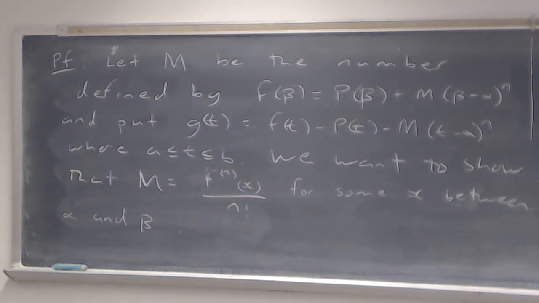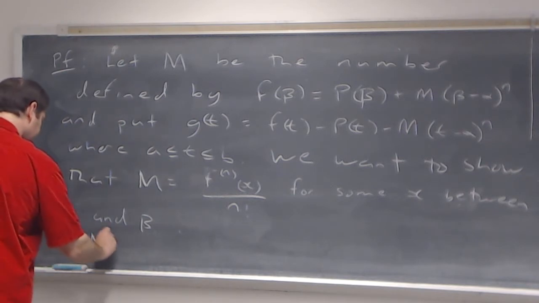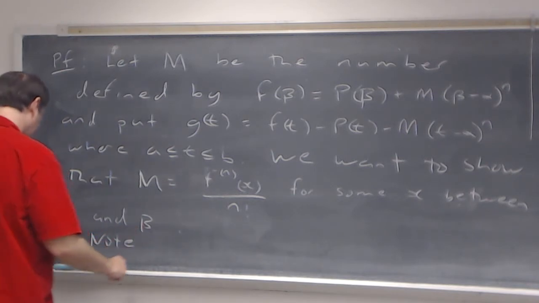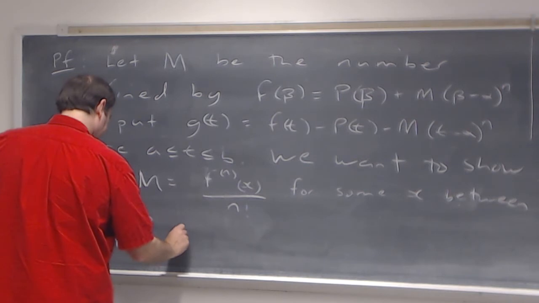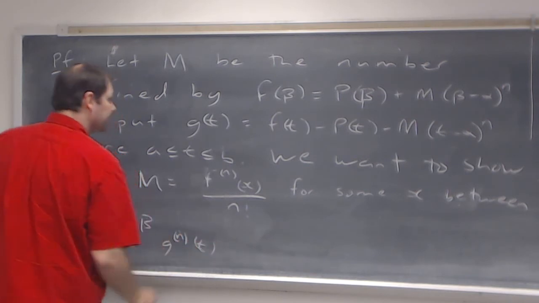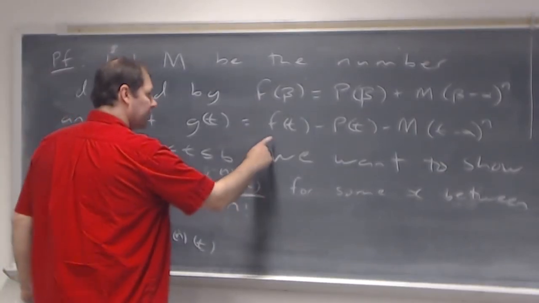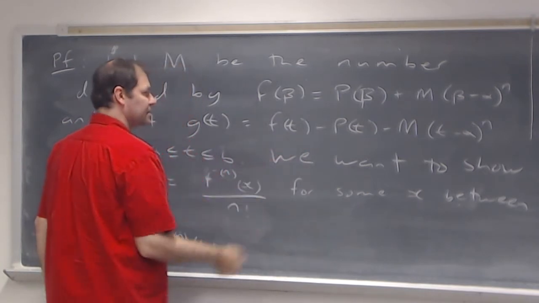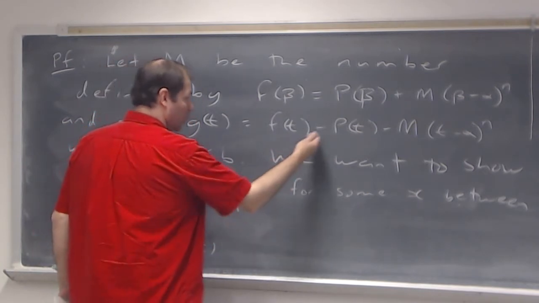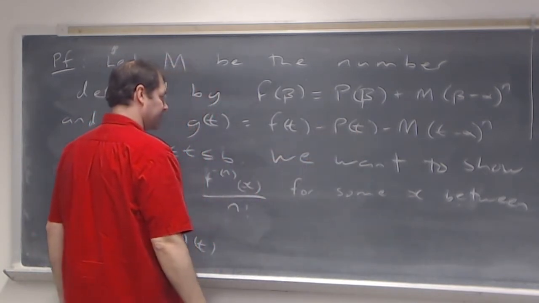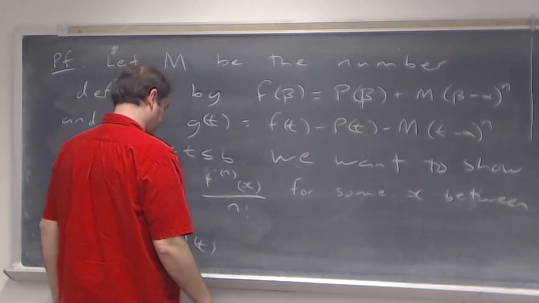Okay, so first thing we're going to consider and observe is that the nth derivative of g is going to be, well, we're using the sum rule where we have minuses in front of the functions that are involved here.